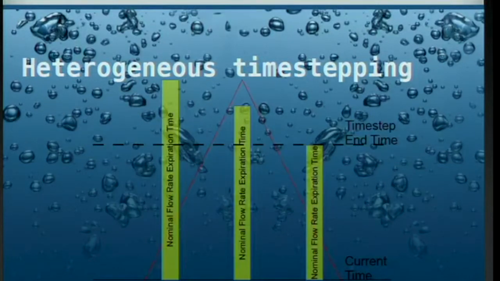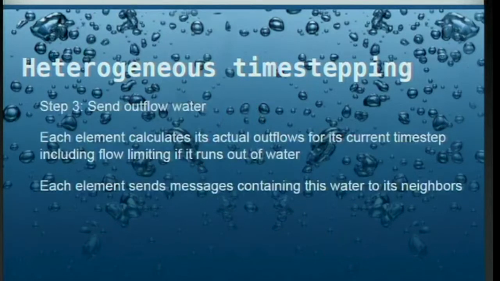Okay, and so you see this element is selecting the time step. End time is equal to its shortest expiration time. And then I know what my flows are going to be until that time. I know how much water I have. I can send water outflows to my neighbors.